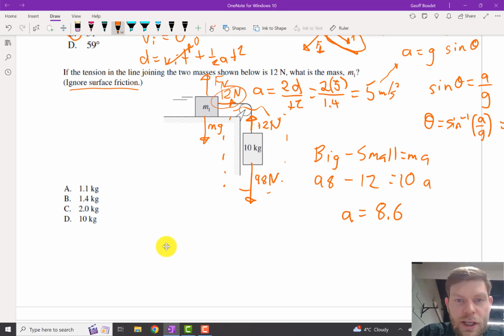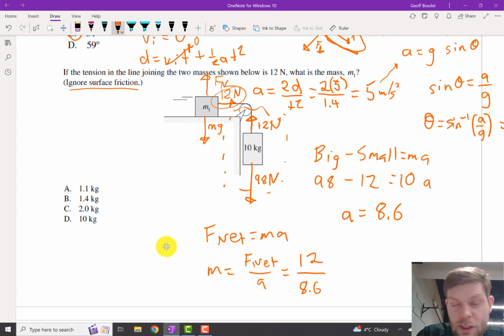So this is the net force on M1, and we know F net just equals M times A. So if we rearrange to solve for M, we got M is F net over A, which in this case is 12 divided by 8.6, which will be slightly more than 1.25, so it'll be 1.4. There we go. Got that sucker.